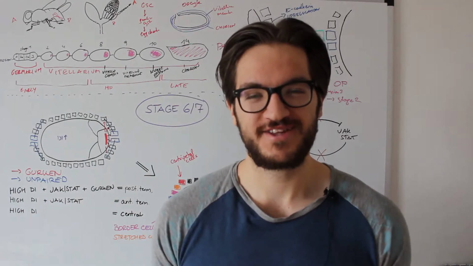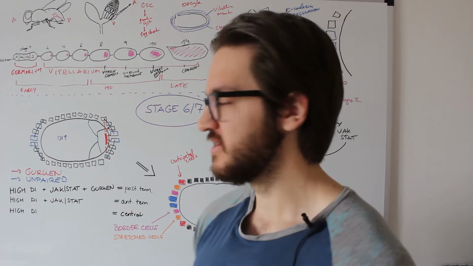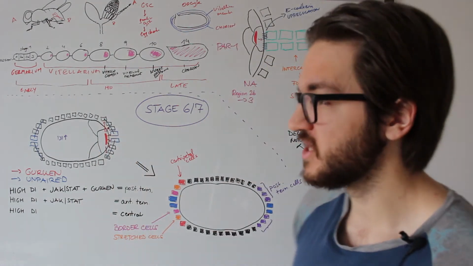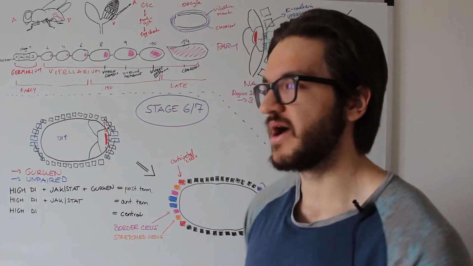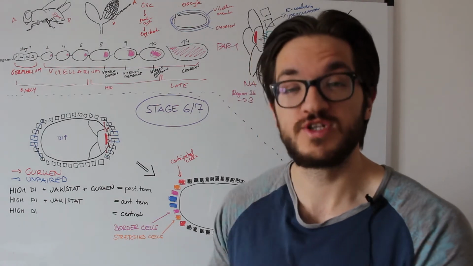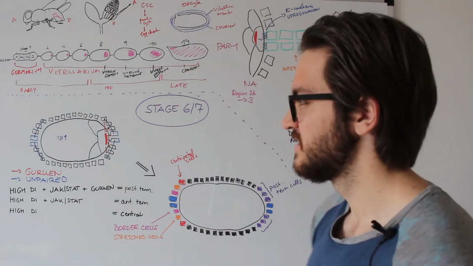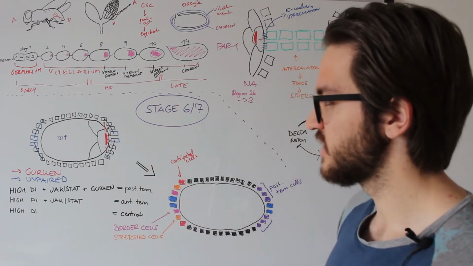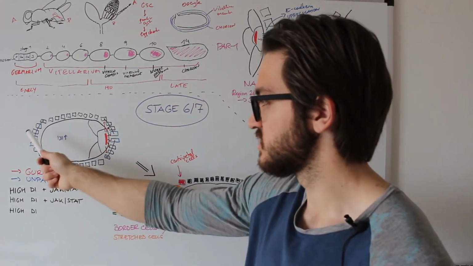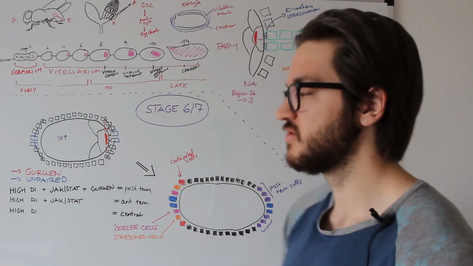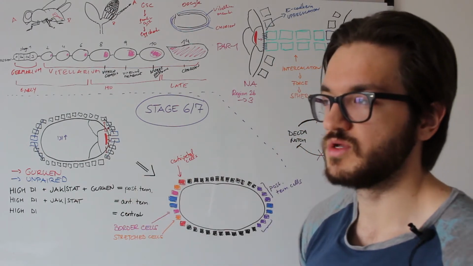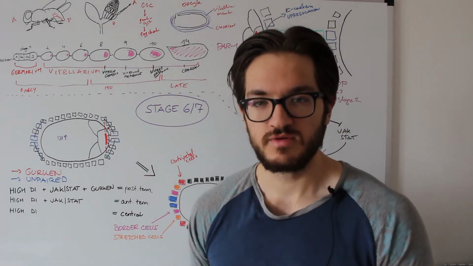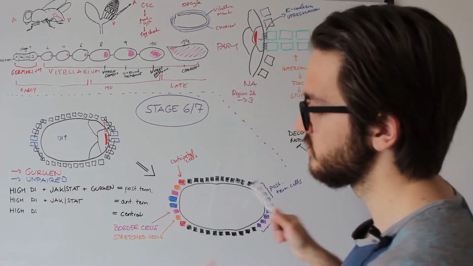Okay, let's have a look at delta notch signaling one more time. Usually, when delta notch signaling is high, it leads to differentiation and stop of proliferation. That is what causes the mitotic-to-endocycle switch. That is what causes this differentiation of the anterior polar cells and also of the posterior polar cells. However, in this case it might be true, in others it is not.